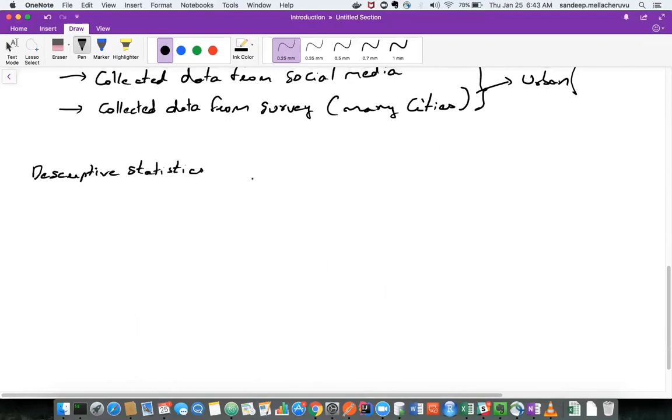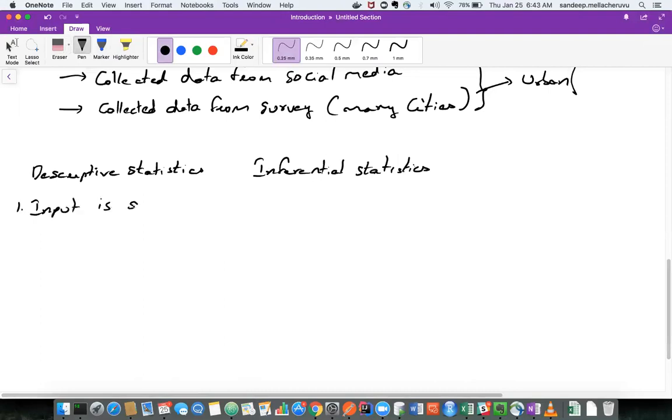One is descriptive statistics, another is inferential, and both take only sample data. Both the descriptive statistics and inferential statistics, the input is sample.